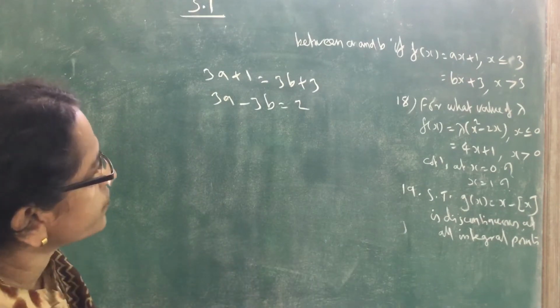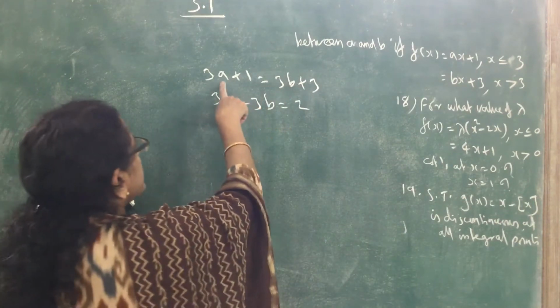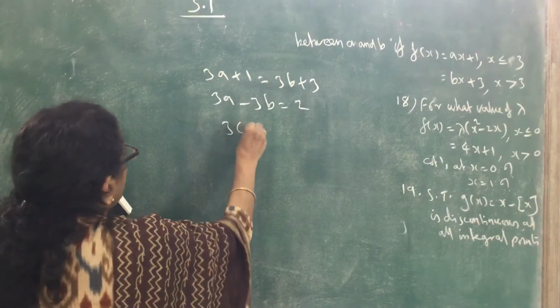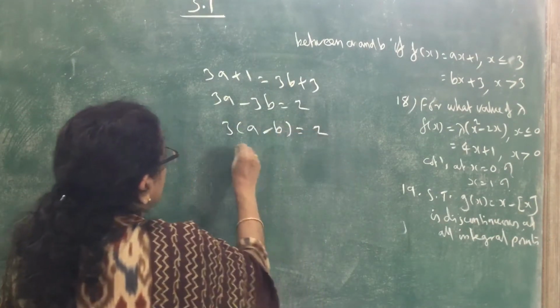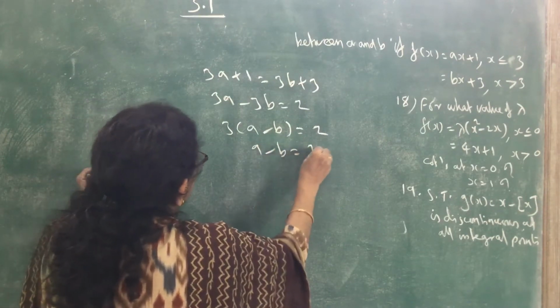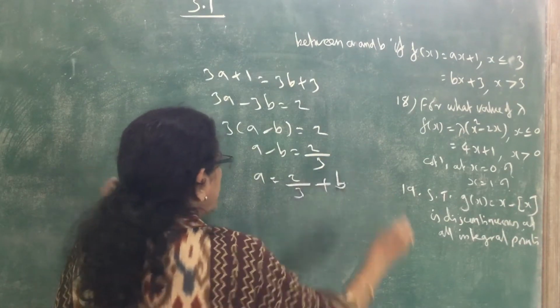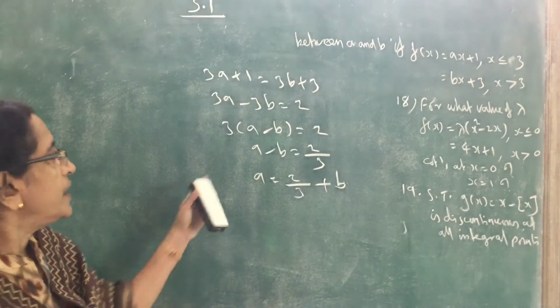So 3a minus 3b equal to 3 minus 1, that is 3 into a minus b equal to 2. Therefore a minus b equal to 2 by 3. So a equal to 2 by 3 plus b. That is the relation between a and b.